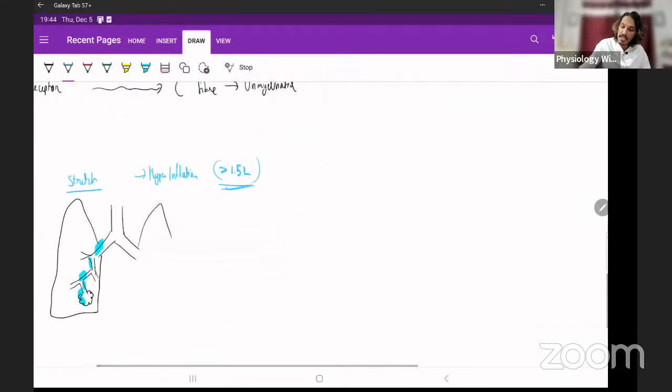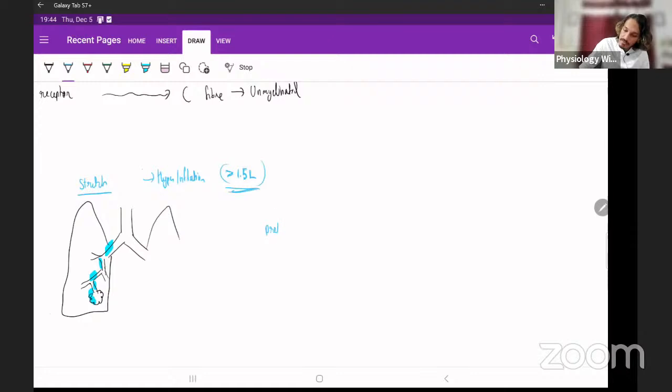This is especially seen in preterm infants and infants, and usually by the end of 1 year, this reduces. In adults, it's still there, but you don't see the effect of this as much as you see in preterm infants and infants. What is the stimulus?